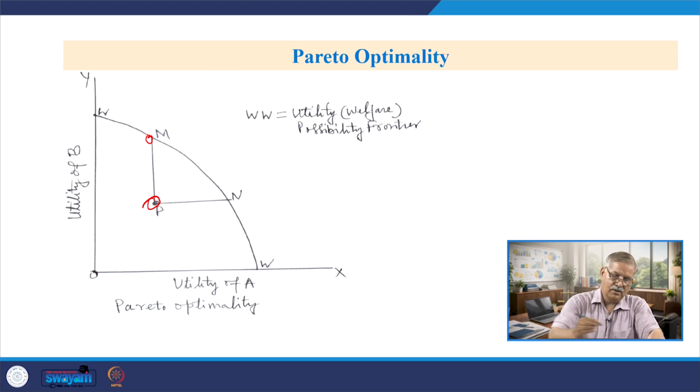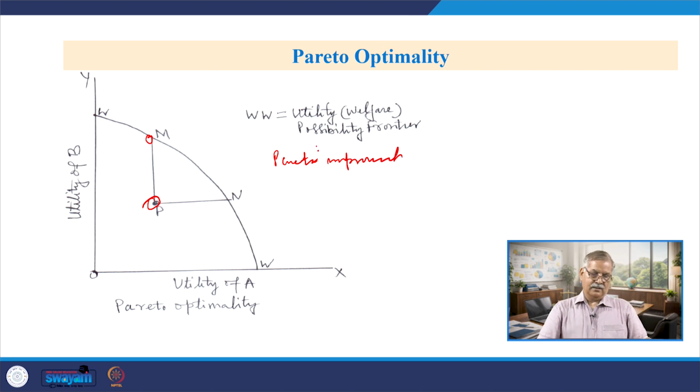So if the economy or distribution is moving from P to M, it clearly indicates a Pareto improvement. It is a Pareto improvement because here the welfare of person A is not reduced, but the welfare of person B is increased when moving from P to M. So it increases the overall welfare of the society.